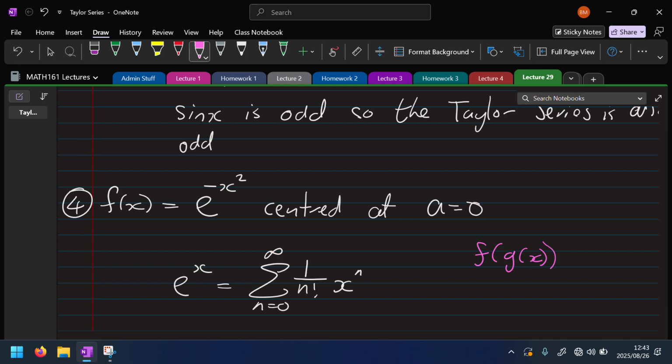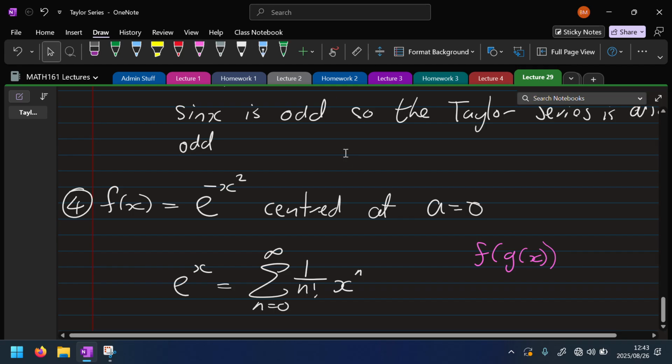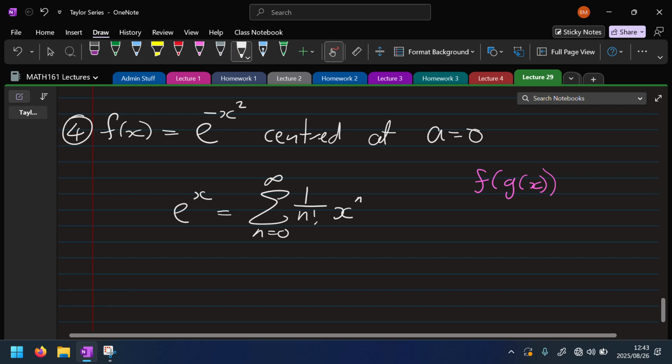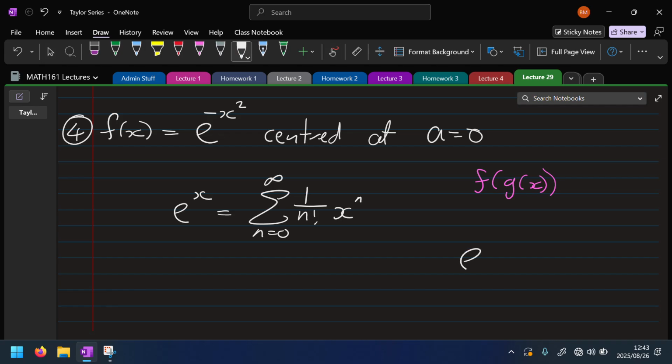So f will be the exponential. We want to do the composition, so we're going to write this as e to the minus x squared. The exponential is the outside function, and minus x squared is the inside function.